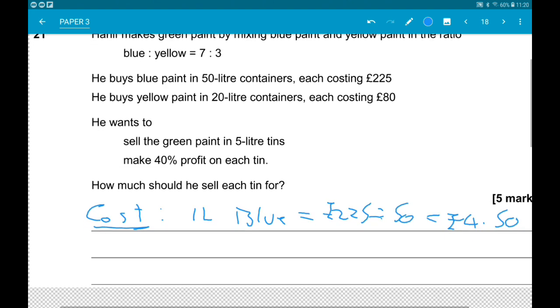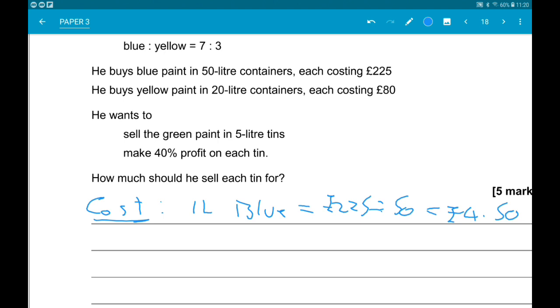Okay, then we do the same for the yellow. So this time that's 80 divided by 20. Which is £4.